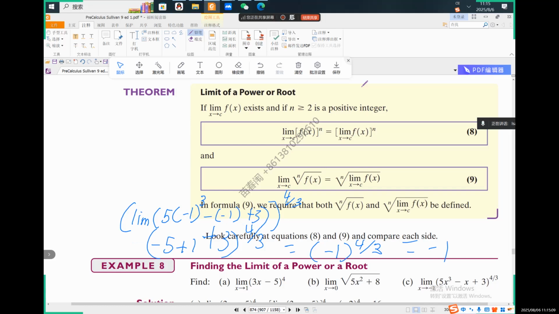Wait, it's +1, right? Because when I put it in the calculator, -1 to the power of 4/3. It's -1 to the 4th power, and then the 1/3 power. So this one is already 1/3 power, and this is 1, right?